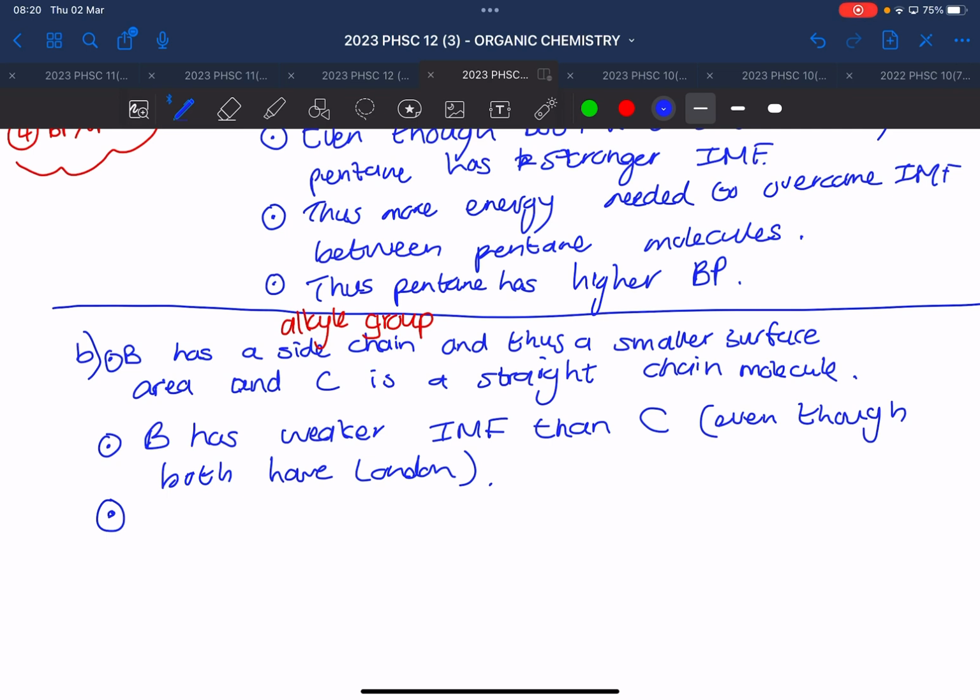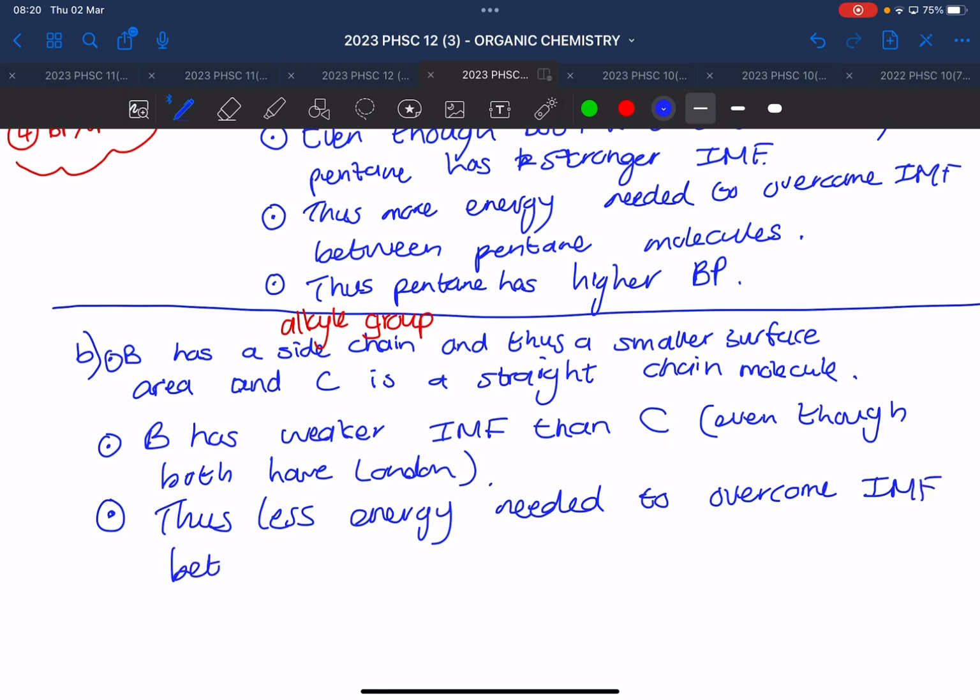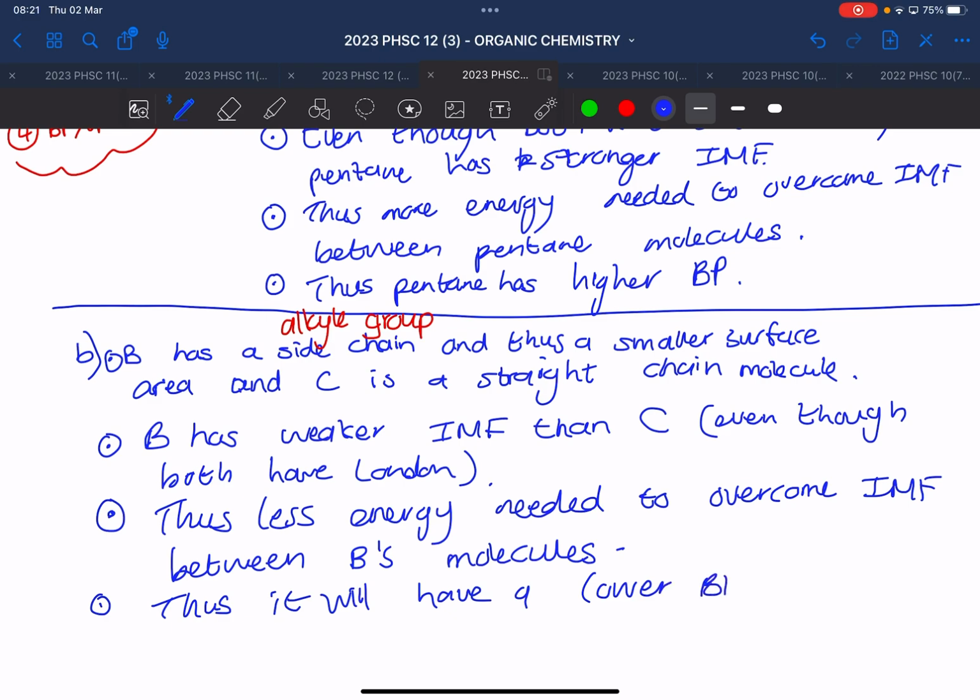So which one will need less energy? B. So we're going to say thus less energy, and then thus it will have a lower boiling point.